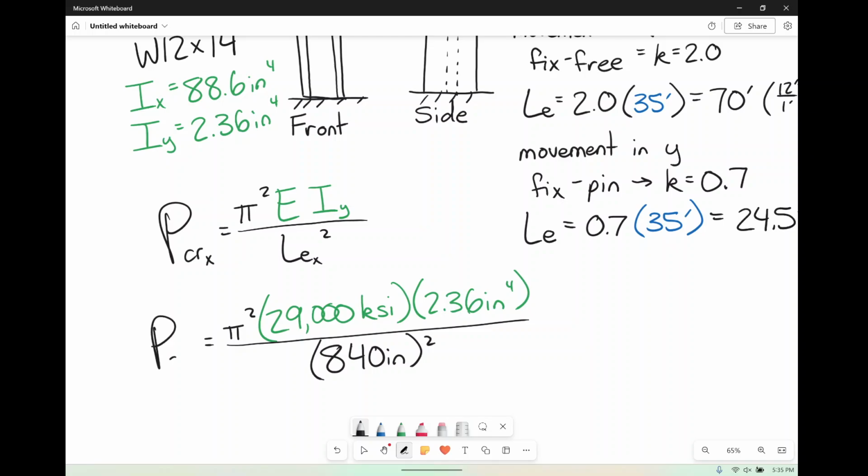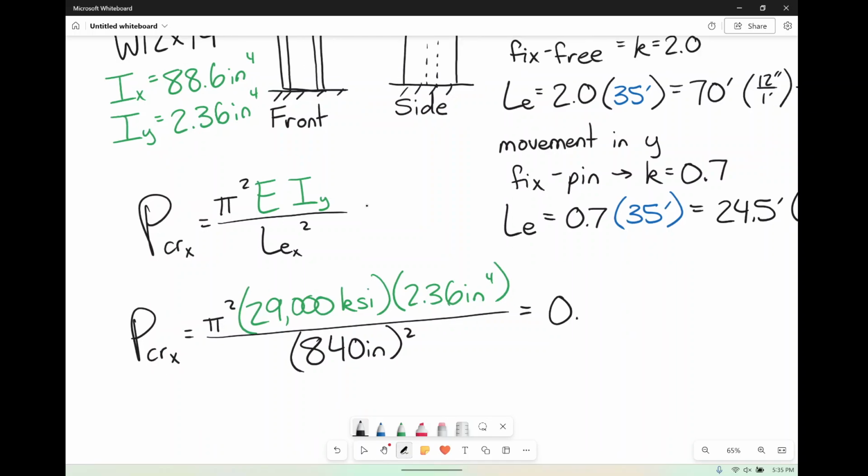So we're going to get a value for P critical in the x direction here of 0.957 kips. So actually 957 pounds. You might be thinking that's rather small. Well, yeah, because again, our smaller moment of inertia here is really not doing us any good.